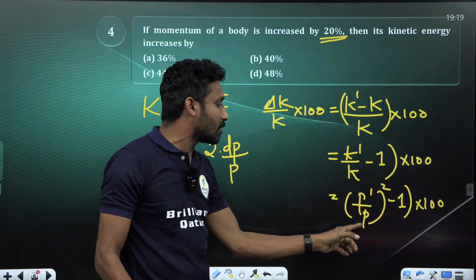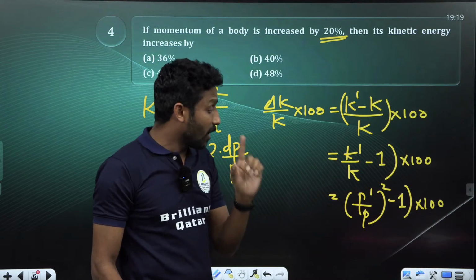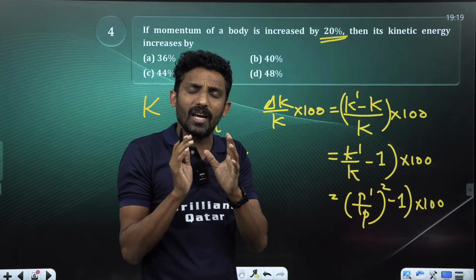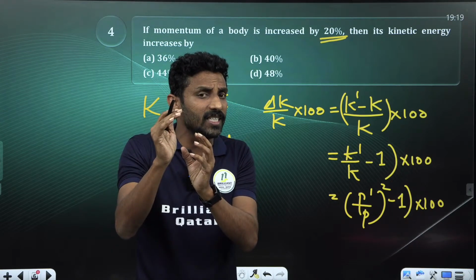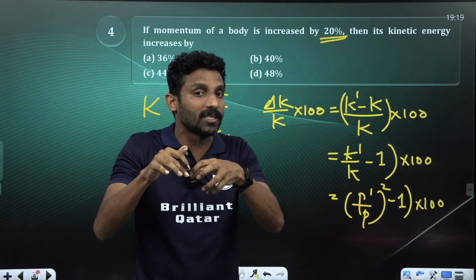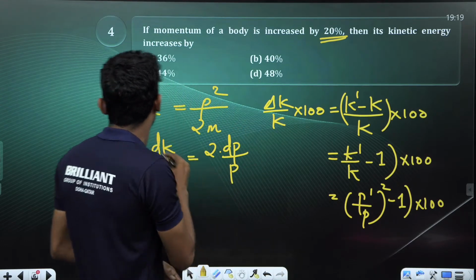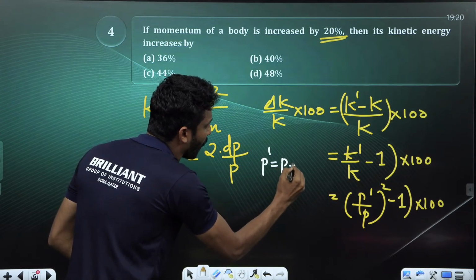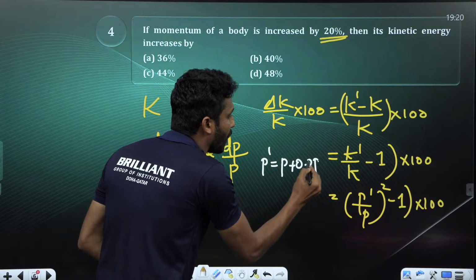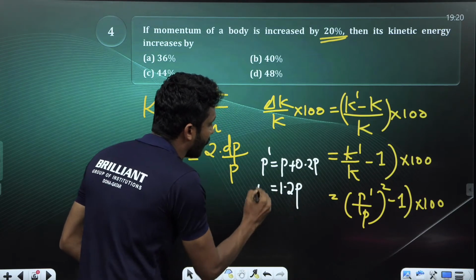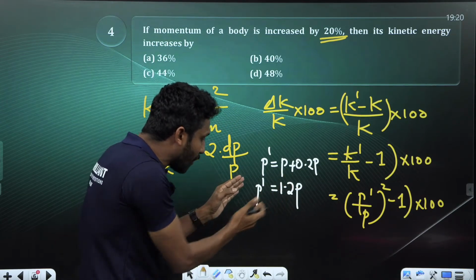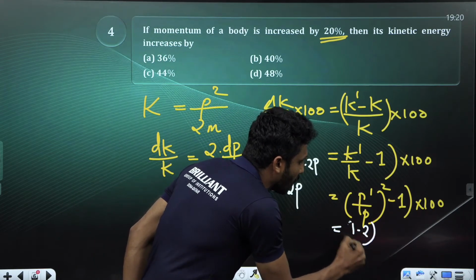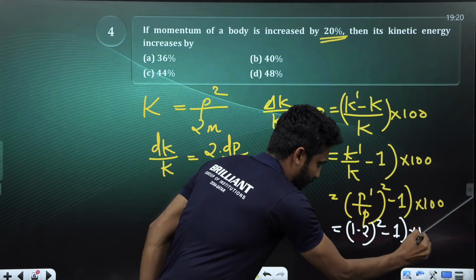Now listen, P dash is the 20% increased value of the earlier P. Suppose the earlier momentum is P, its 20% is 0.2P, and the new momentum P dash is P plus 0.2P, which is 1.2P. Then P dash by P is equal to 1.2. So this value 1.2, its square minus 1, into 100.